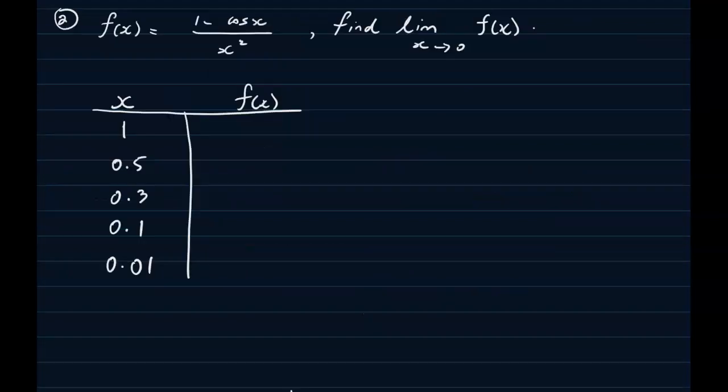So we have this function f of x equal to 1 minus cos x over x squared, and we want to know what would be the limit as x approaches 0 for the function. All right, now be careful with this. You get tempted to just plug in 0 for x, but you notice that x is in the denominator, so that is undefined, and this is basically a rational function.